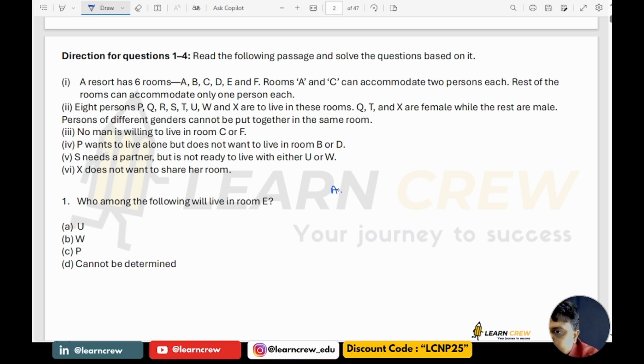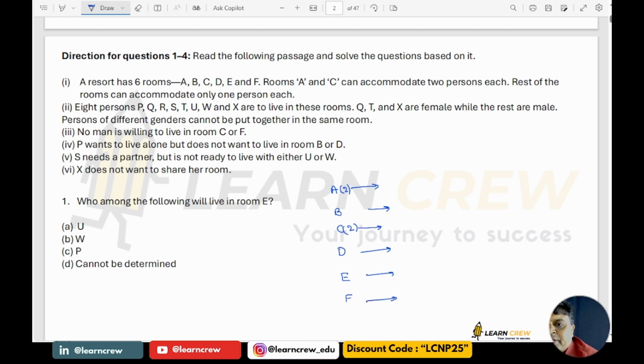Rooms A and C can accommodate 2 persons each. The rest of the rooms can occupy only 1 person.